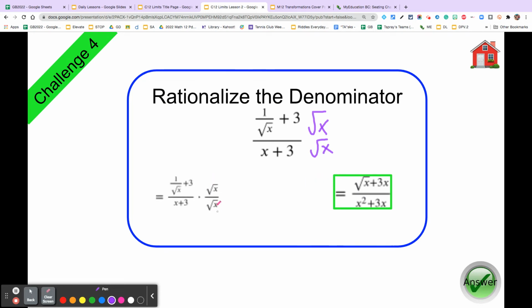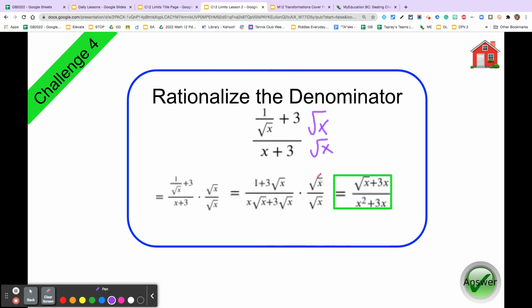But basically what we're going to do is top and bottom by root x, which cleans it up to 1 plus 3 root x. And then on the bottom, we're going to have x minus root x plus 3 root x. Then notice this. If I multiply the top and the bottom by root x, that root x is going to cancel and give me a 3x, and that one's going to give me an x times x for x squared.